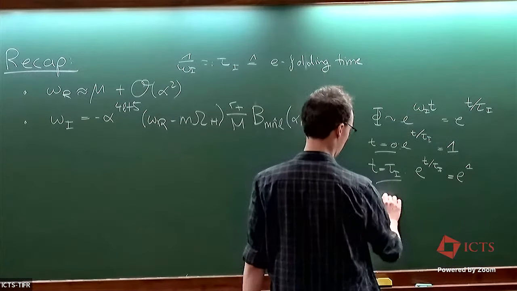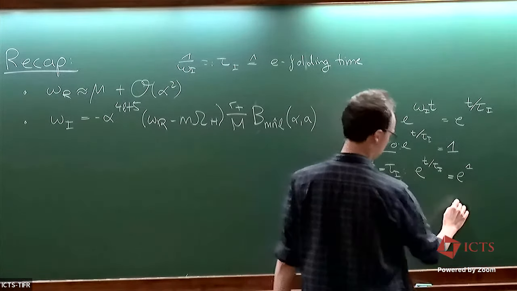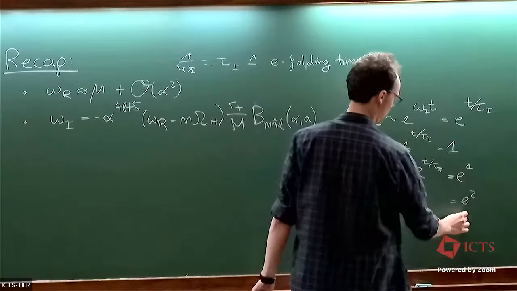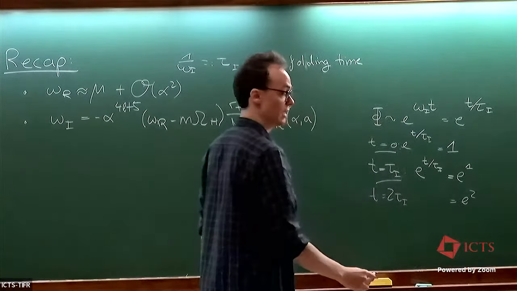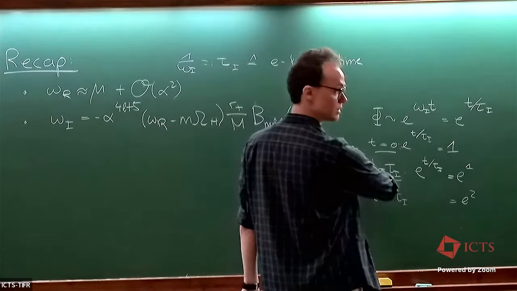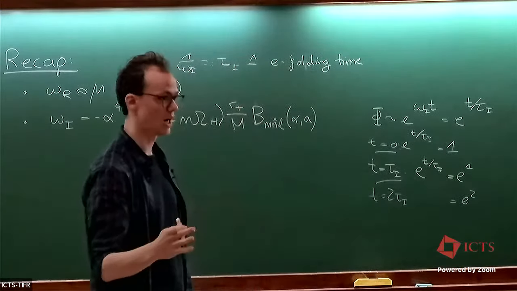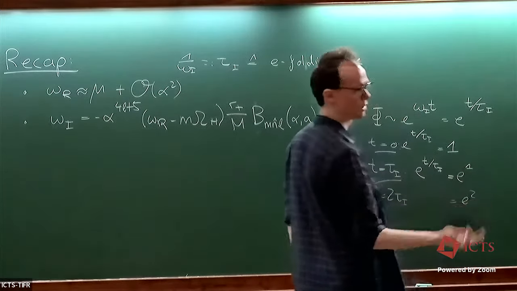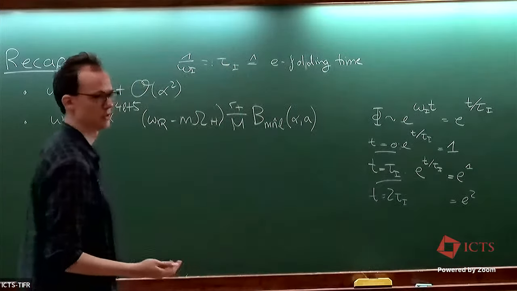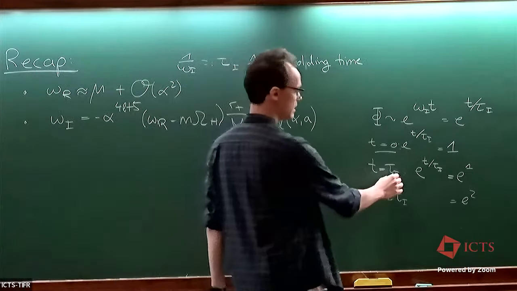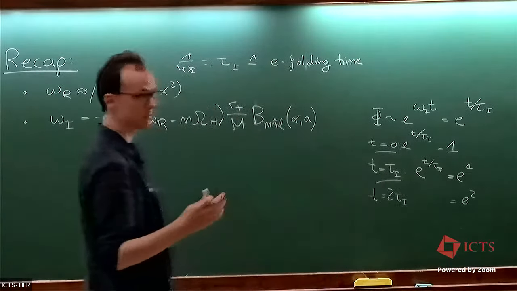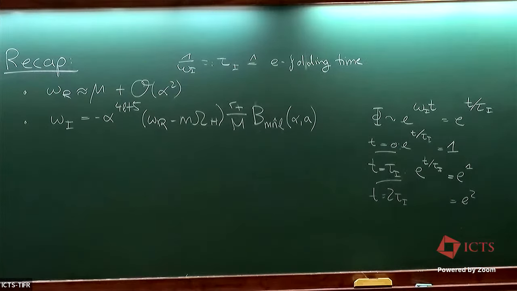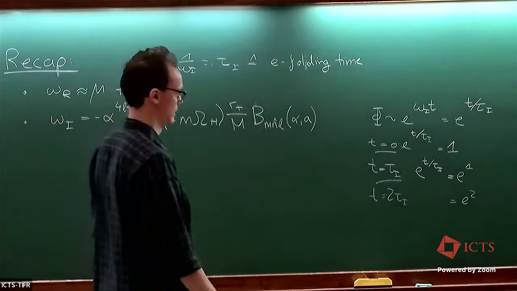And then at t equals 2 tau I, this is equal to e to the 2, and so on and so forth. And so basically, each time t reaches 1 tau I, the amplitude grew by 1 power of e. And so that's why you call tau I the e-folding time, the time over which the amplitude grew by literally e, like 2.7 whatever. Okay?